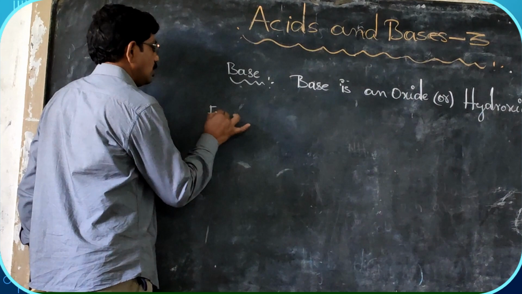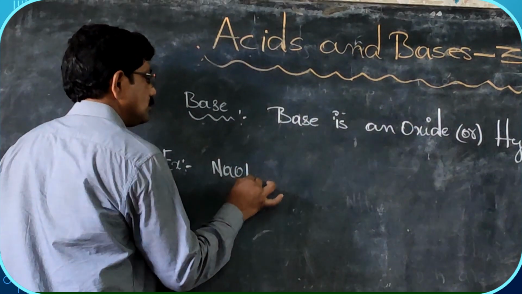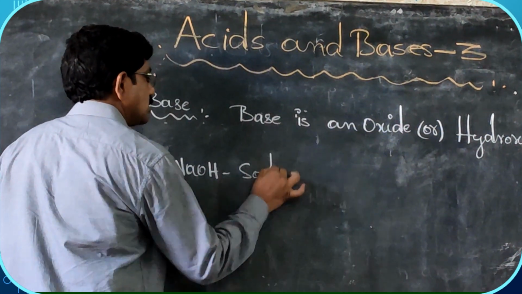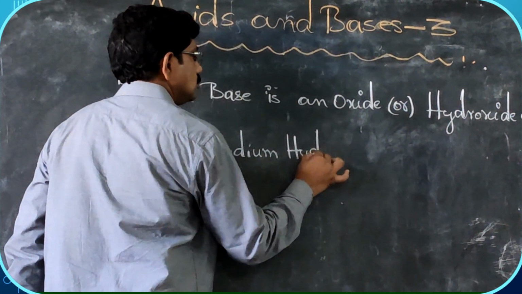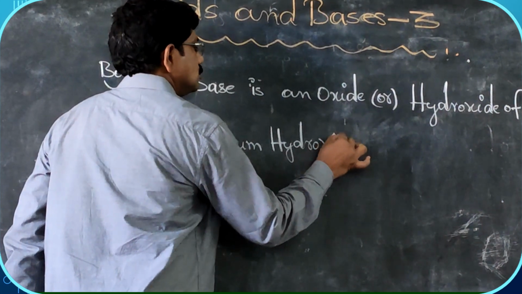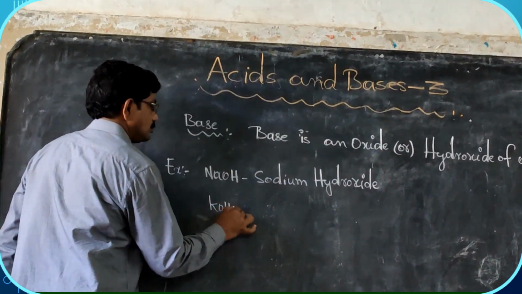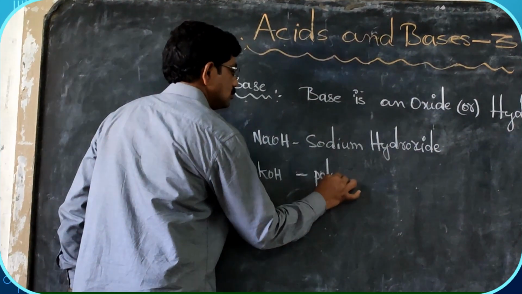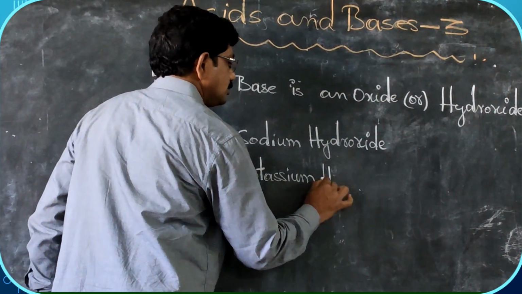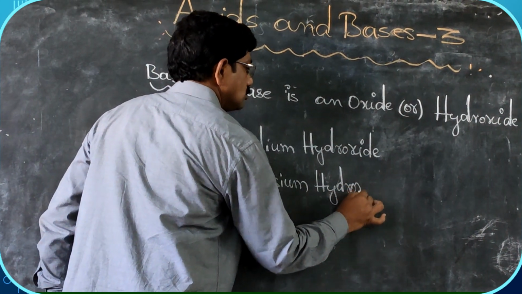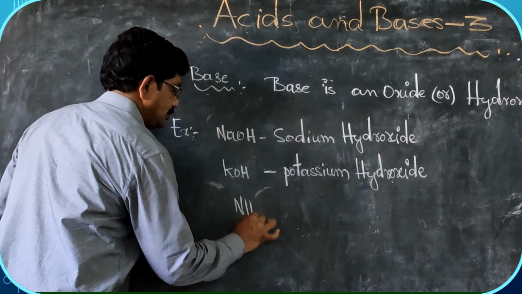Examples. So many examples we can take. Here I am giving sodium hydroxide. What is this? Sodium hydroxide. Second one, potassium hydroxide. Ammonium hydroxide.